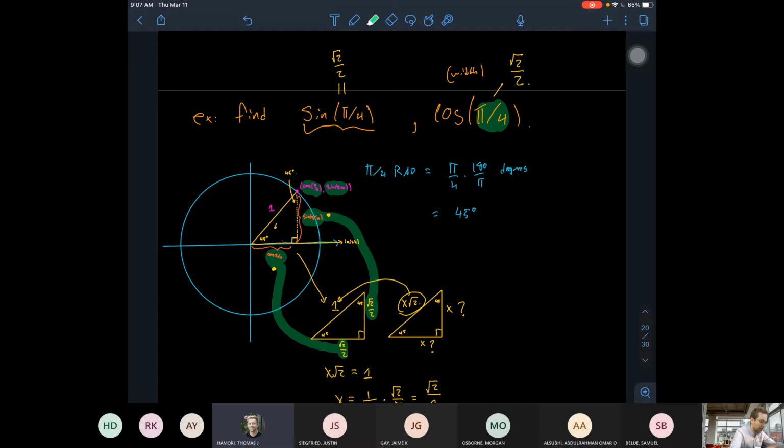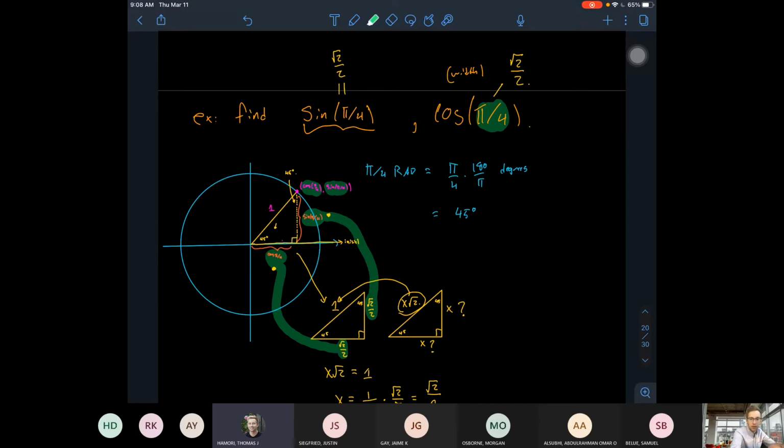We give it an input in terms of an angle, and it gives us an output, which is in terms of a coordinate. And that coordinate is, for the sine function, the y-coordinate of the point on the unit circle which corresponds to the angle which was originally given. And likewise, cosine will give us the coordinate.